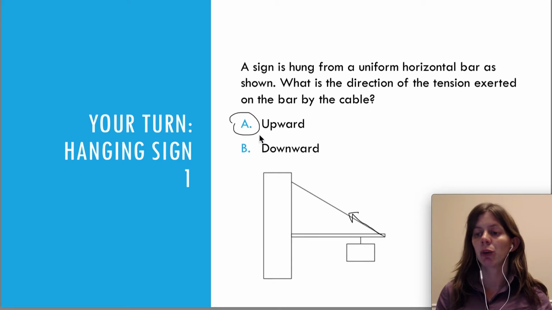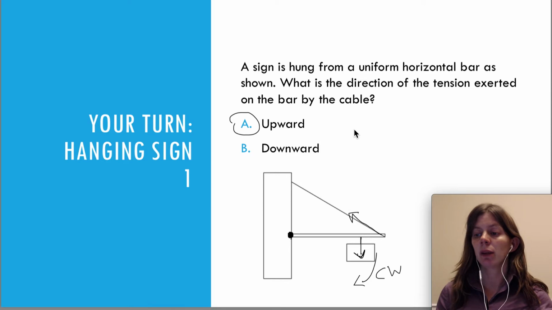But in order to see how we can apply this condition of static equilibrium, if we pick the pivot point to be right here, and we're going to learn in the next video that we can pick the pivot point to be wherever we want to, then we know that the sign here exerts a downward force on the bar. So the sign causes a rotation that is clockwise.